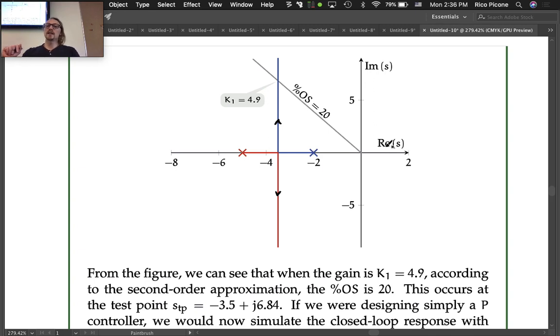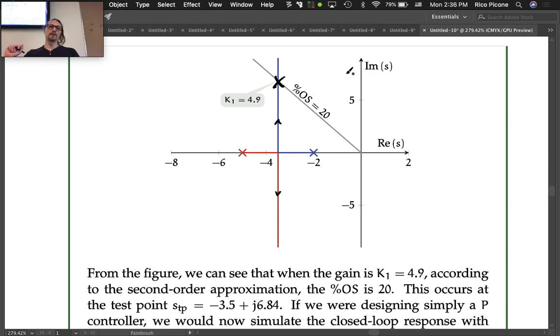We can adjust the gain. This is the first step in the design process, to adjust the gain in order to meet our transient response requirements. So we want one of our poles to be right there on the 20% overshoot line. And since we haven't included a compensator yet, that should be right on the money, right? That should be perfect 20% overshoot, because this is analytically what we expect.